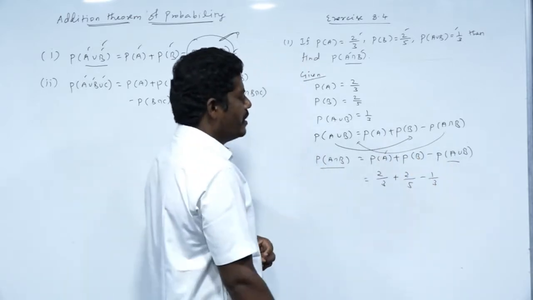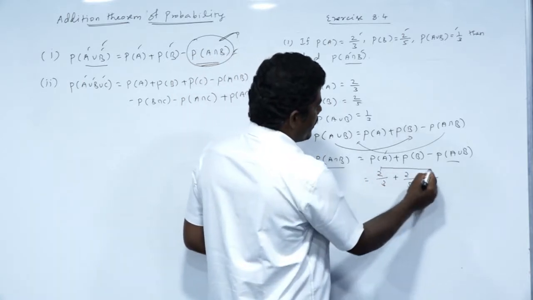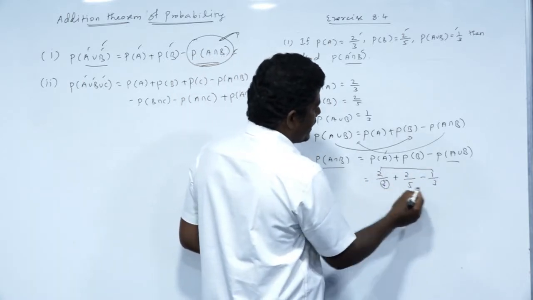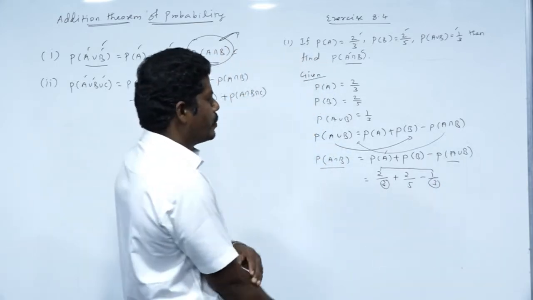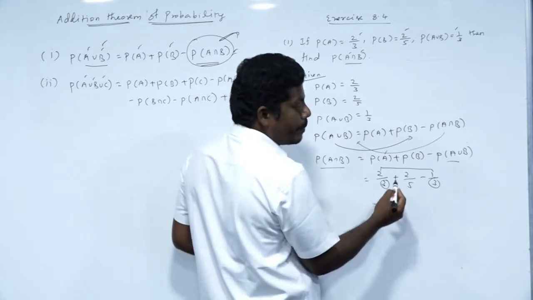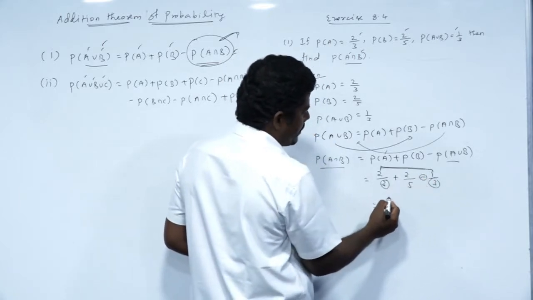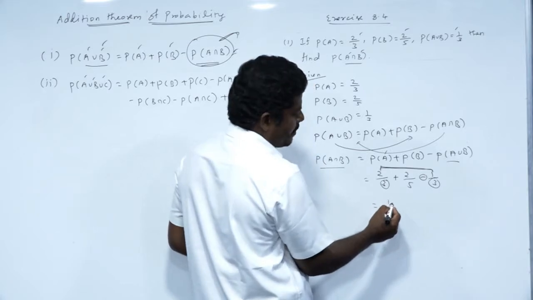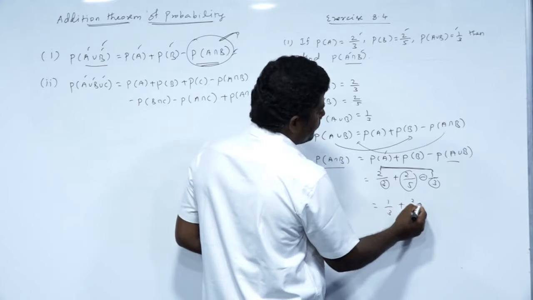Understand, my dear students? Now we want to calculate these fractions. 2 divided by 3 and 1 divided by 3 both have like denominators, so we can subtract the numerators directly. 2 minus 1 is nothing but 1 divided by 3. Here plus 2 divided by 5.